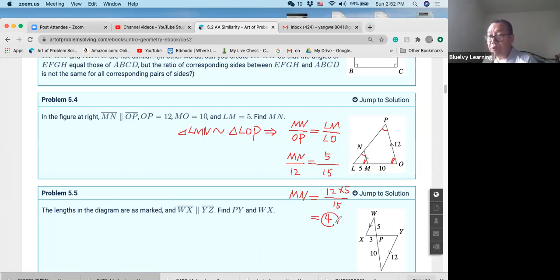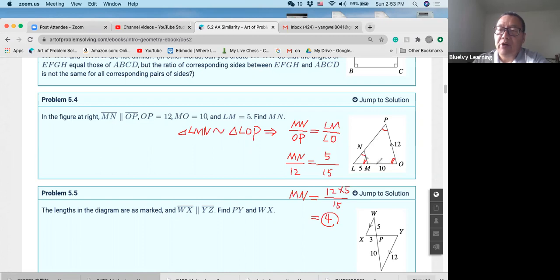See, in this problem, when you see parallel lines, that definitely will give you similar triangles, because then you have two pairs of angles that are congruent. We already learned that before, right? For parallel lines, these are called corresponding angles, which are congruent.